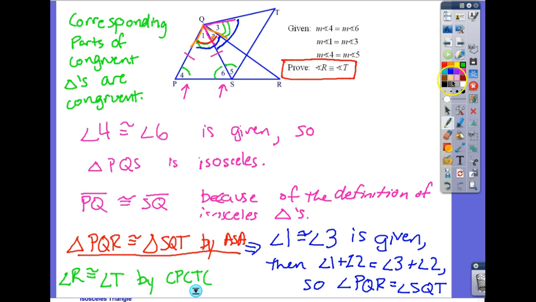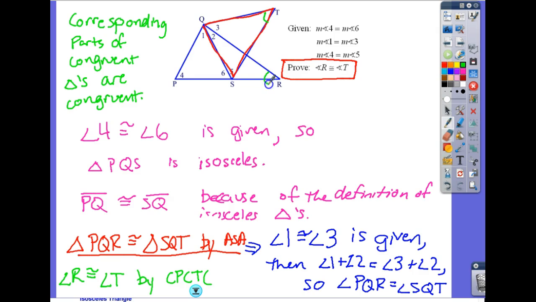What does that mean? That means since I know that this triangle and this triangle are congruent, then I know all the corresponding parts are congruent. Corresponding, of course, means that the ones that go together.